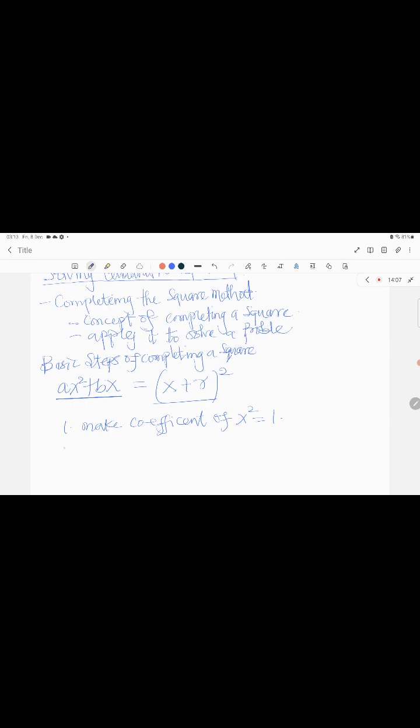Step number 2, we multiply the new coefficient of x by 1 over 2. Then we square it.